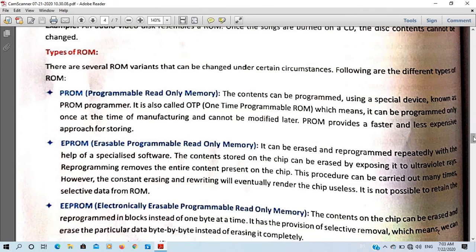PROM, programmable read only memory. This type of memory is programmed and it is permanent.